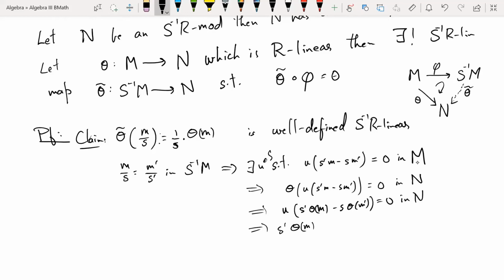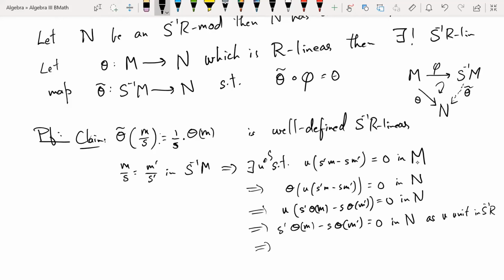And U is a unit in S inverse R. So if this product is 0, that tells you that S prime theta M minus S theta M prime is 0 in N as U is a unit in S inverse R. You can just multiply by 1 over U, and it remains 0 in N.